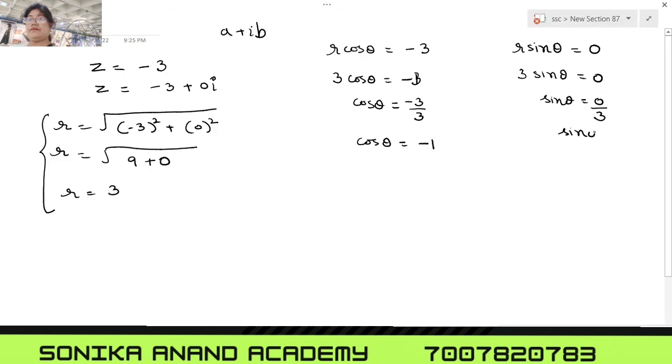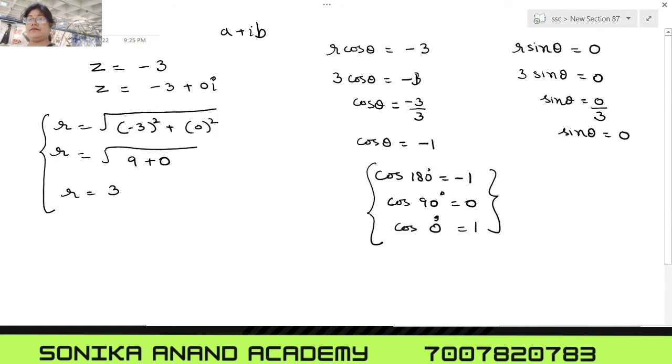So what's the value of theta? 90 degrees or 0 degrees? No. Learn it. Cos 180 degrees is equal to minus 1. Cos 90 is equal to 0. Cos 0 is equal to 1. Please learn it, Hitika. So this is minus 1, so cos 180 degrees, we can also write cos pi.